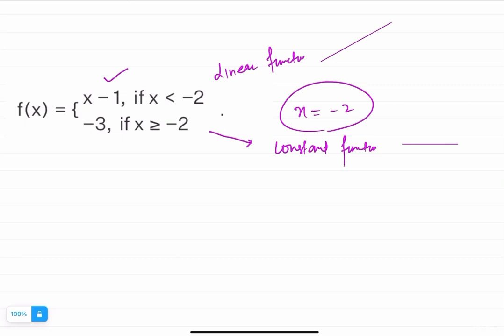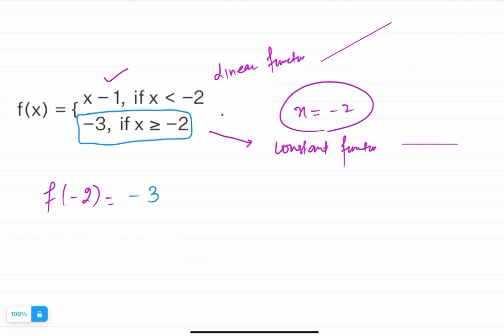First we will check if the function is defined for -2. For -2, we will have to take this piece because this piece is defined for x greater than or equal to -2. For -2, we are getting a value that is -3.